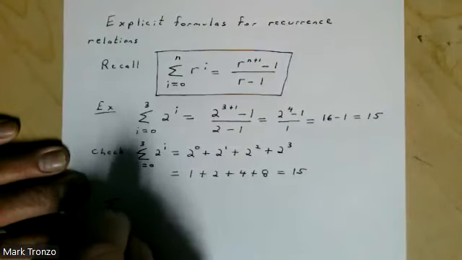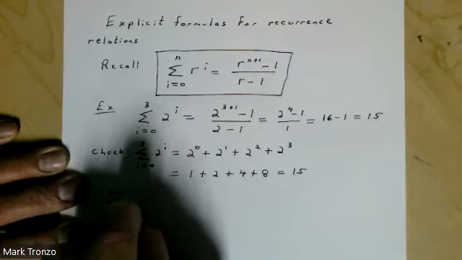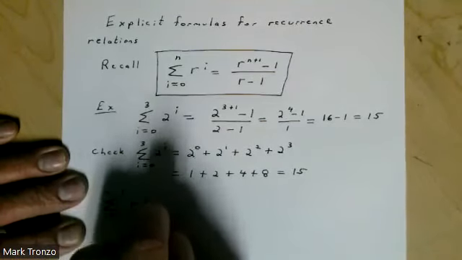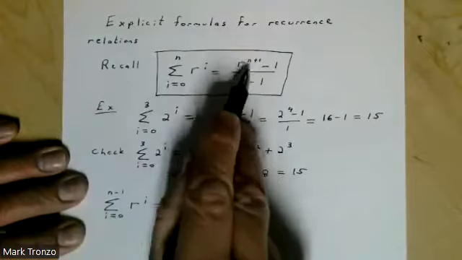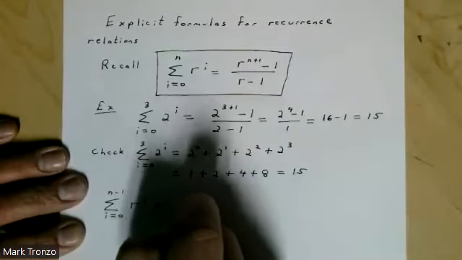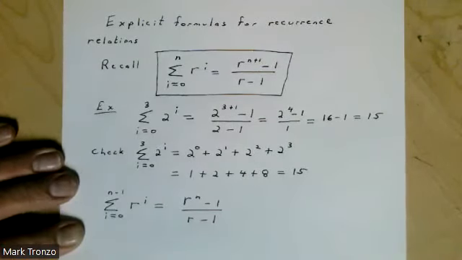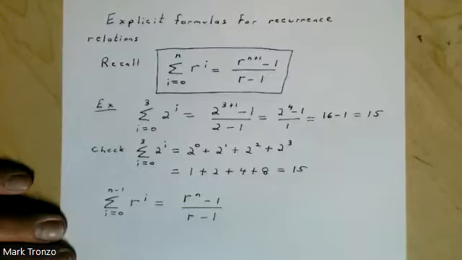If you have i equals 0 to n minus 1, then you just reduce this by 1. So instead of being n plus 1, that's just n. And that would be the case.